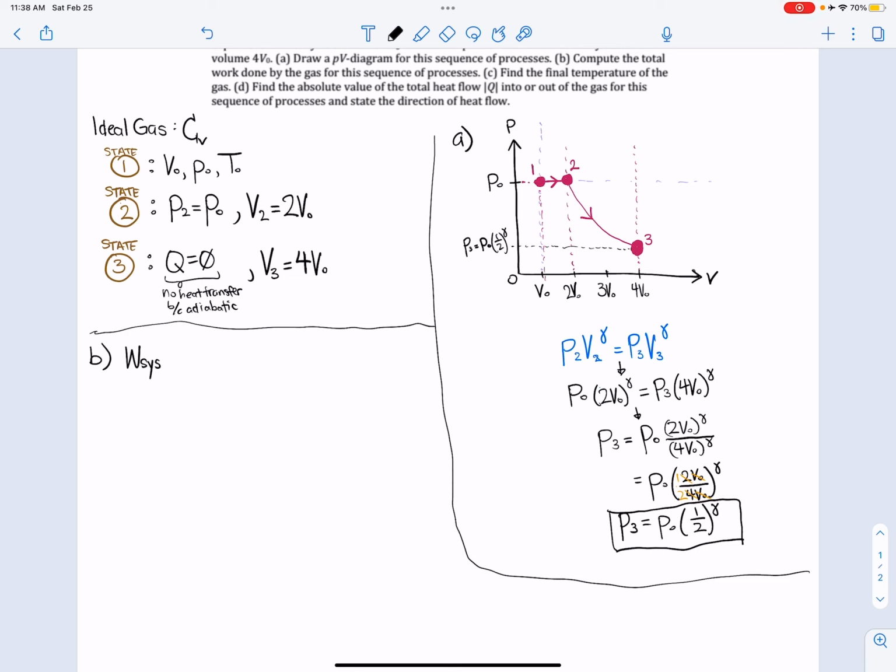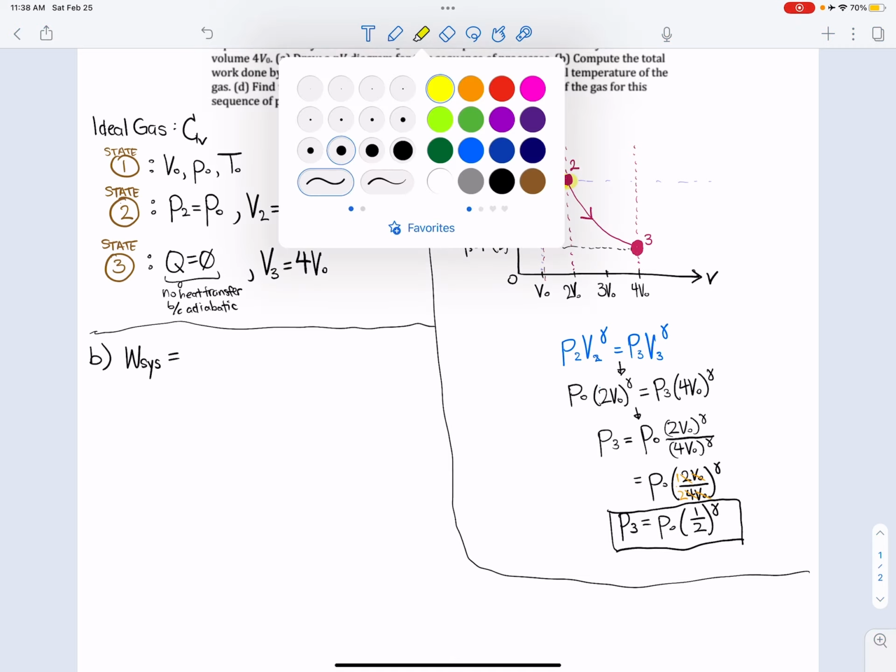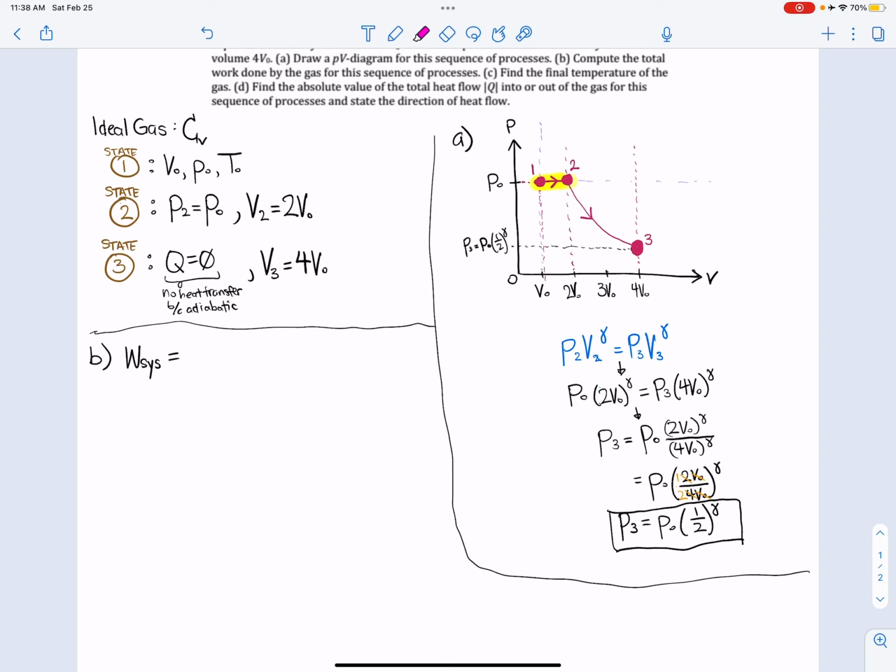we will have to add, as you can see here, the work done from this isobaric process from state 1 to state 2, and then we'll have to add it to the work done by this adiabatic process from state 2 to state 3. Okay?